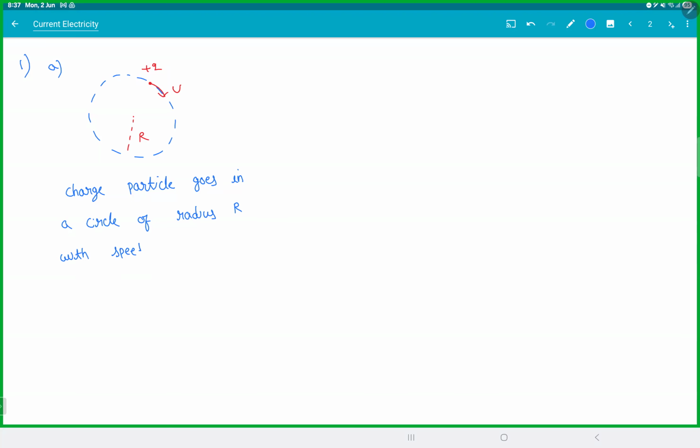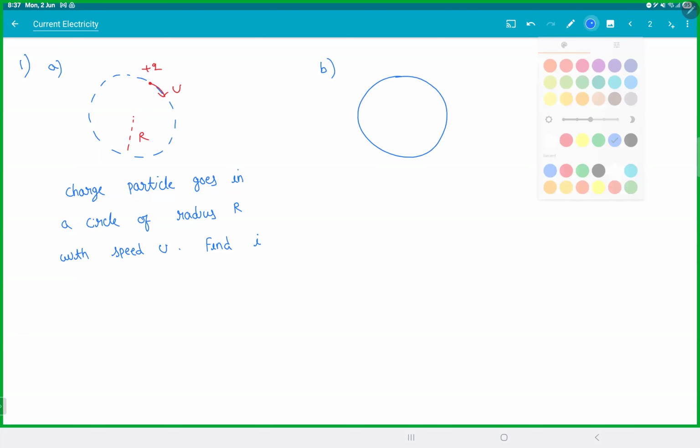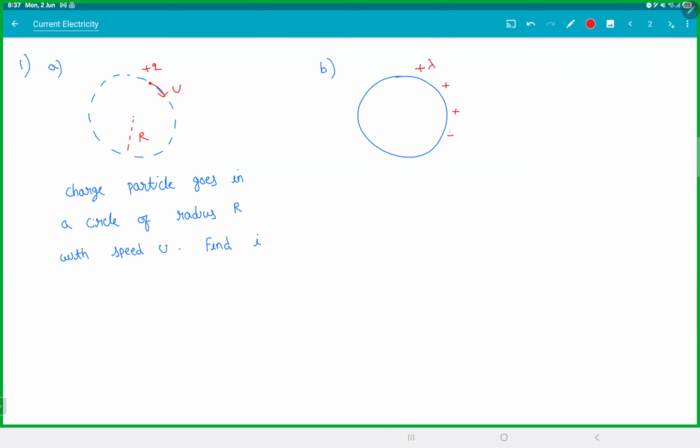So a charge going in a circle is actually like a current loop. Find I. Now instead of a particle, what if you have a ring? You have a charged ring rotating with omega. Find current.